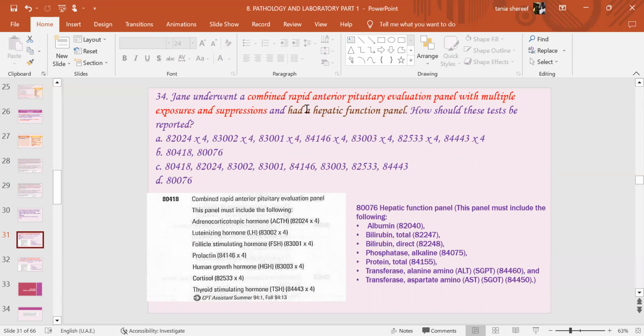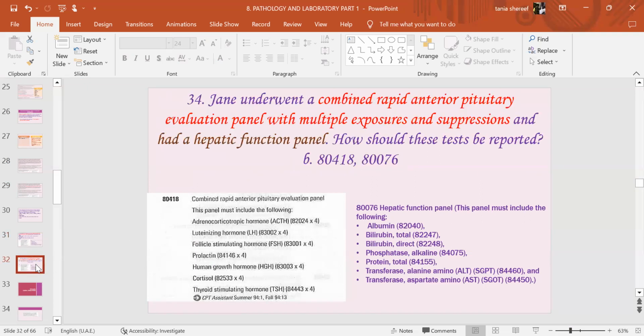The combined rapid anterior pituitary evaluation panel with multiple evocative and suppression panel code is 80,418. And one more panel is the hepatic function panel, that is 80,076. So no need to report all these A and C options, but our answer is B with 80,418 and 80,076.